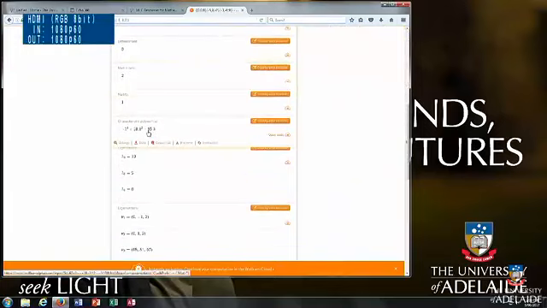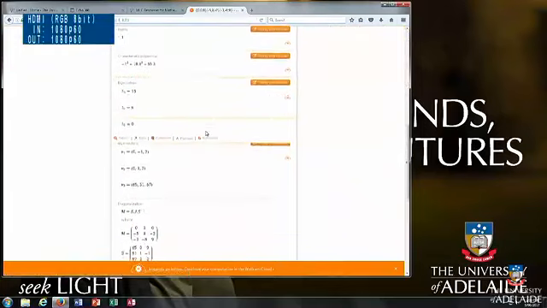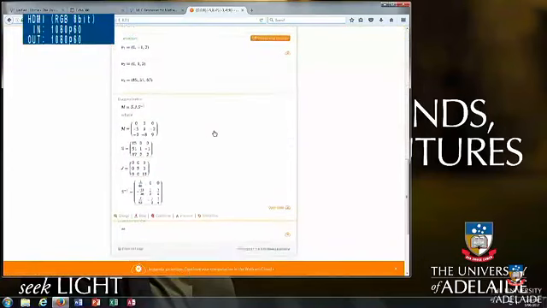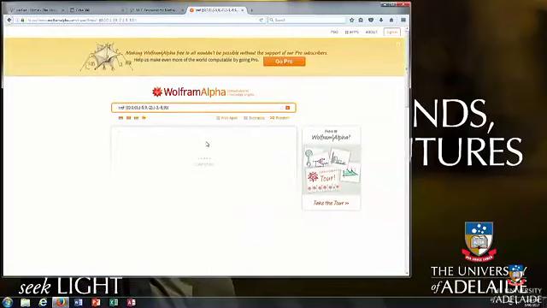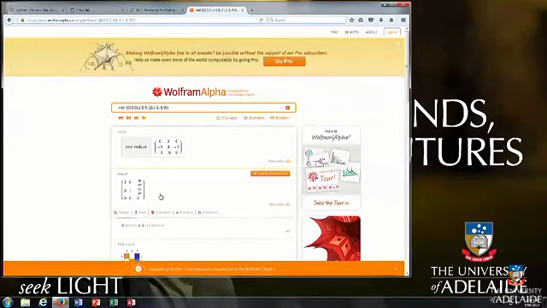Let's go. I've got a characteristic polynomial. What am I looking for? I'm looking for the reduced echelon form. There we go. Beautiful.